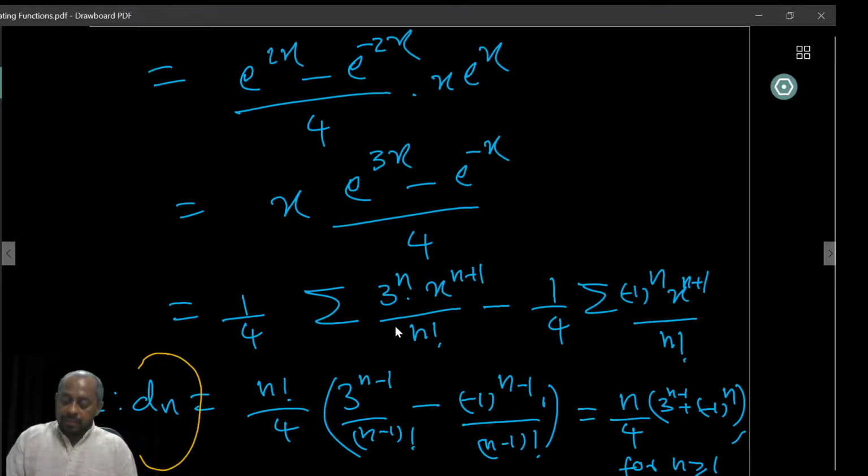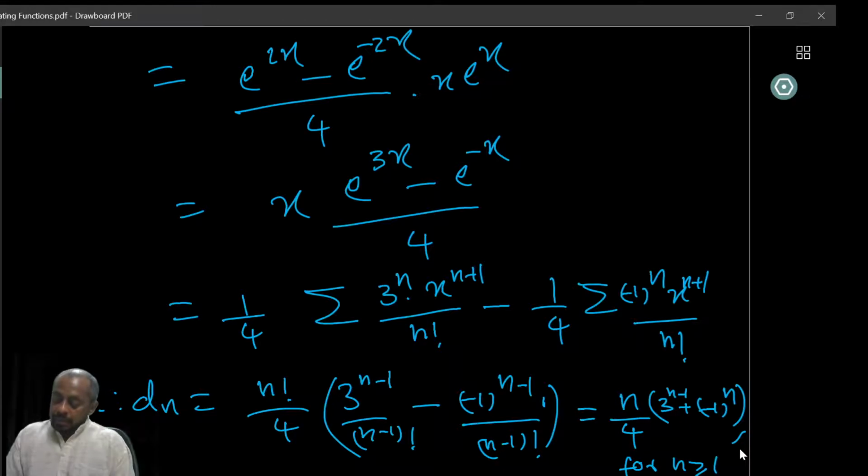We want to find the coefficient of x raised to n by n factorial, so therefore this is 3 raised to n minus 1 by n minus 1 factorial, and this is minus 1 raised to n minus 1 by n minus 1 factorial. So I get n by 4 into 3 raised to n minus 1 plus minus 1 whole raised to n minus 1, for n greater than 0. So that's what dn is.